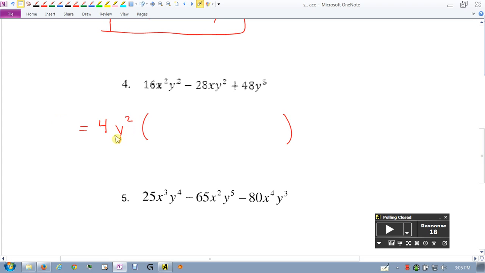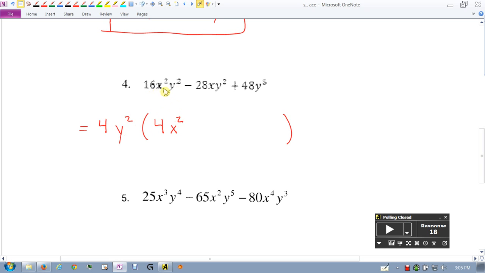So I like to do this. Multiply 4 times what to get 16? 4. Okay, I also need up here an x squared. I don't have any x's down here, so I'm going to need the whole thing, x squared. How about to get a y squared? I already have it, don't I? So I do not need to put anything there.